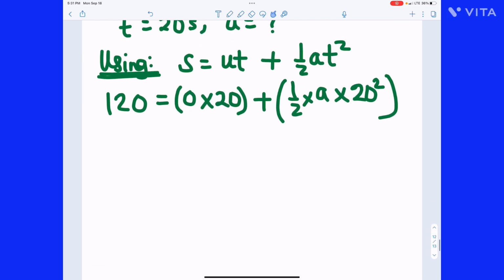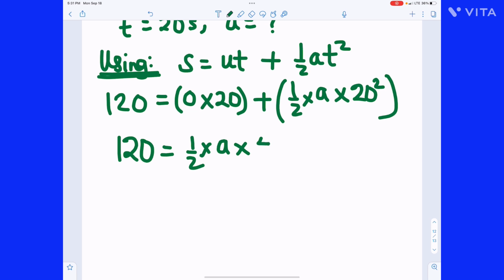So let's continue. This one will disappear. 0 times 20 is 0. So what do I get left? 120 is equal to half times a times 20 squared. That's what I have left.